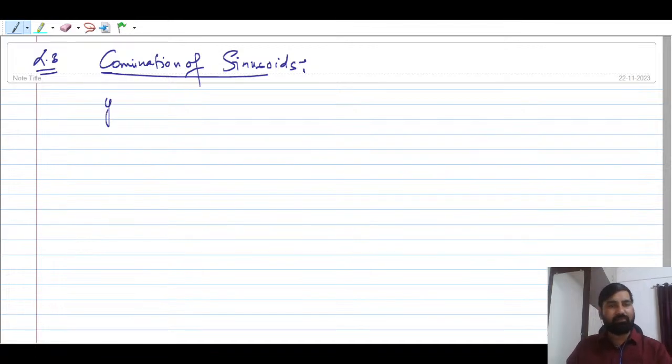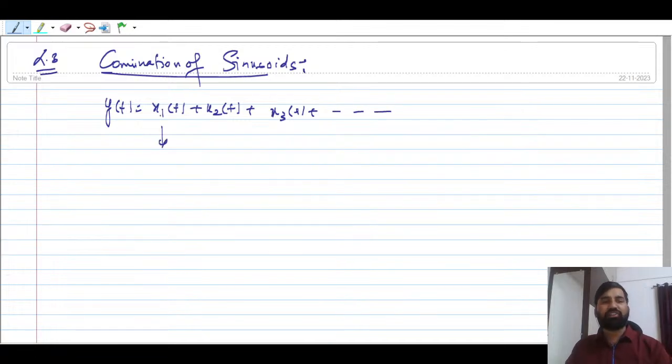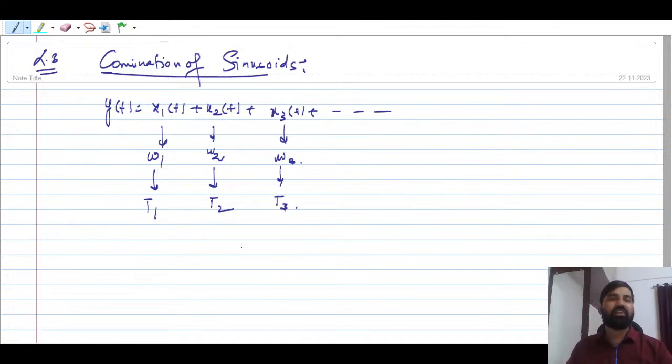You can say x(t) is equal to x1(t) plus x2(t) plus x3(t), and so on, right? Suppose each is one sinusoid: it has got omega 1 frequency, omega 2 frequency, omega 3 frequency, right? Or you can also find the corresponding time periods T1, T2 and T3, right?